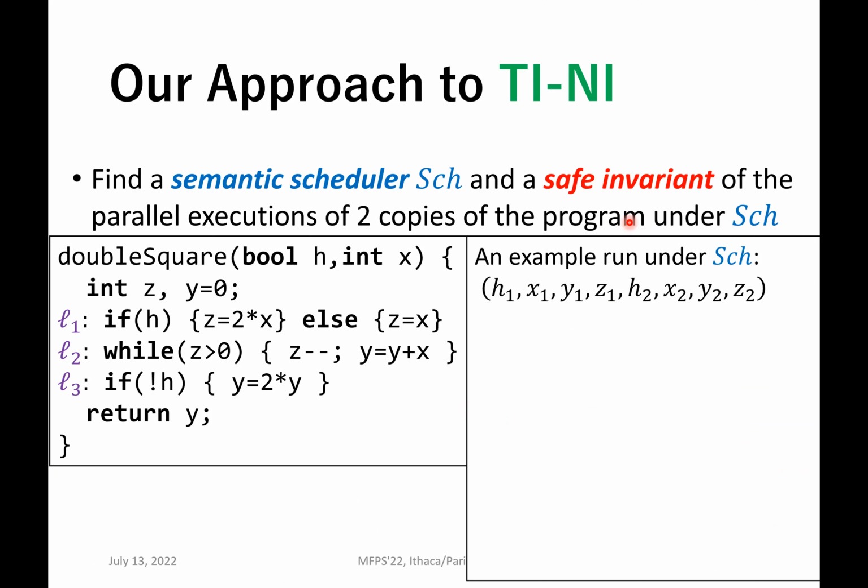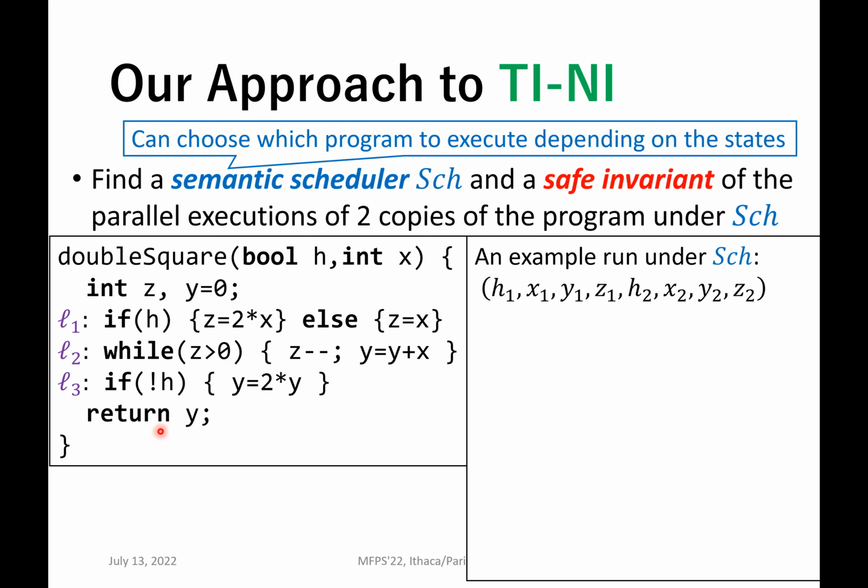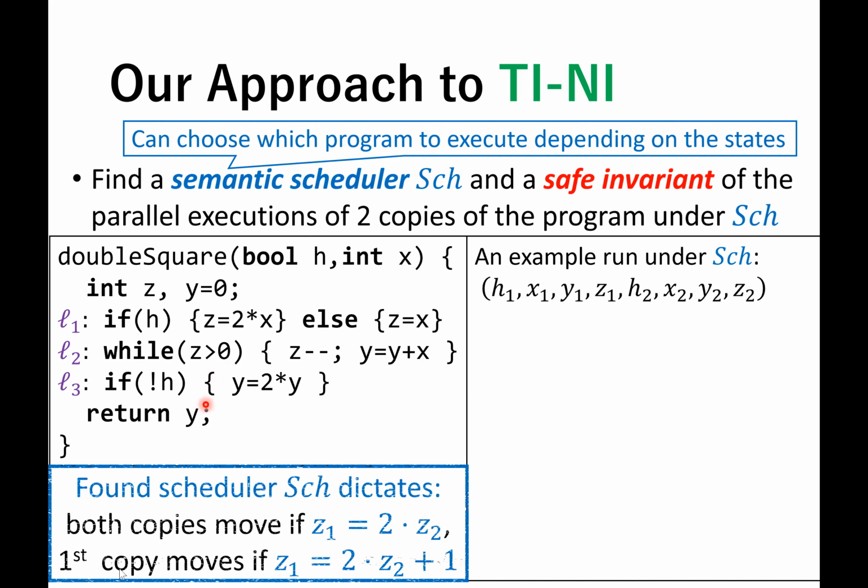For the program, our method automatically synthesizes a scheduler like this. Here, by semantic, we mean that the scheduler can choose which program to execute depending on their states. This is an example scheduler our method automatically synthesized.